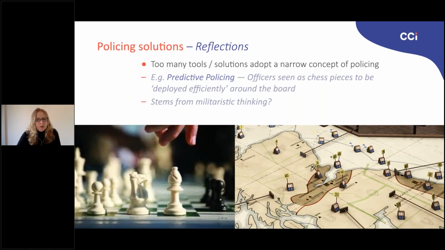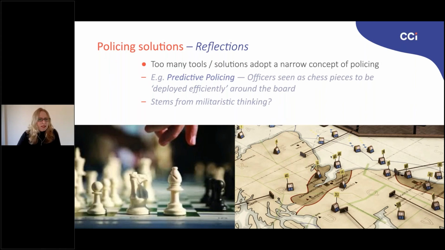We were struck by the fact that there are many different aspects to the policing role, from community policing, crime prevention, to responding to incidents, to crime reduction. And in failing to understand that, what we felt was happening, for instance, in relation to predictive policing, is it was as though officers are actually being treated as chess pieces on a chessboard, and that they can be deployed efficiently, so moved around by somebody else.